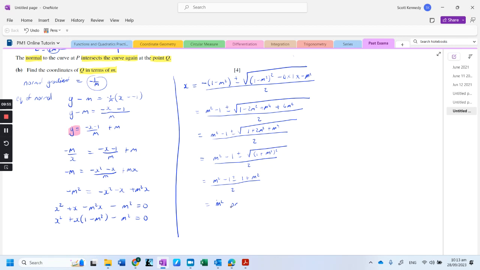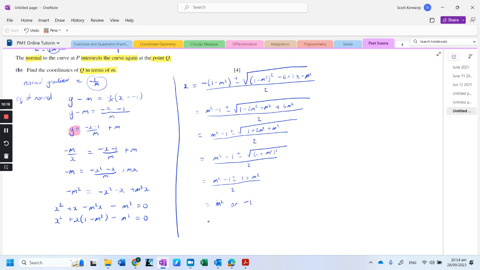Is it 0? Yeah. 1 half. Is that right? Negative m squared, take away that, take away negative 2 over 2, or negative 1. Okay.